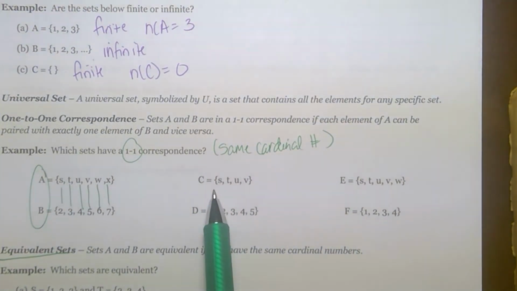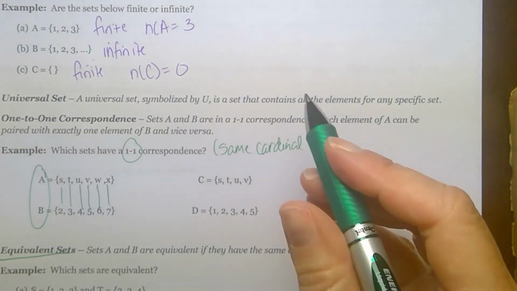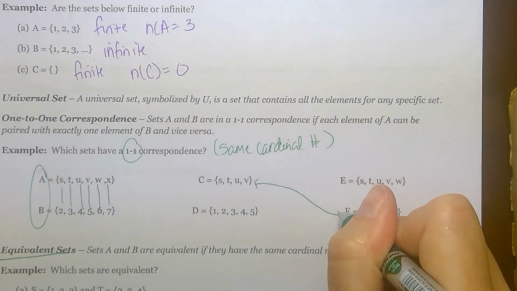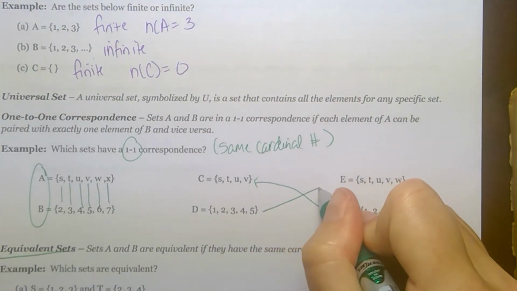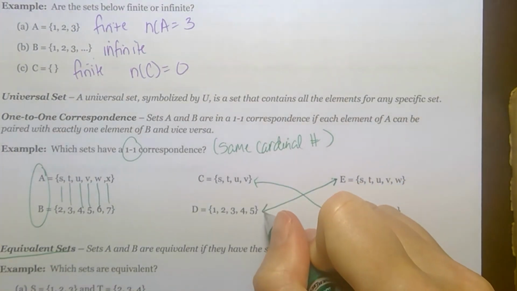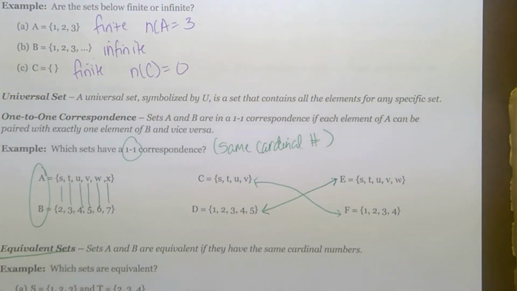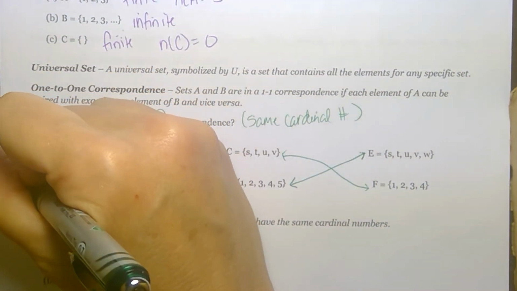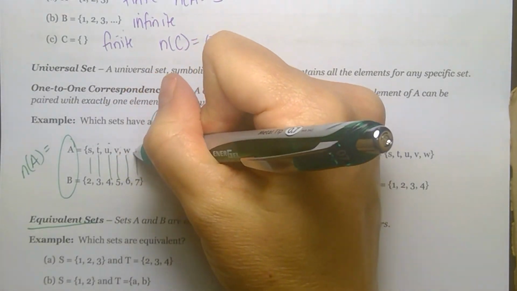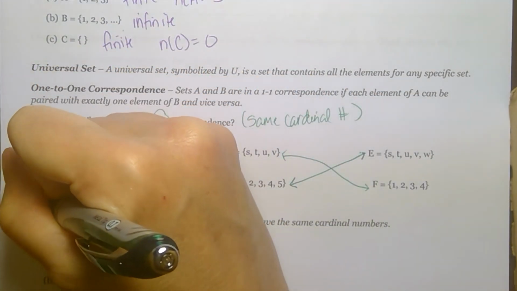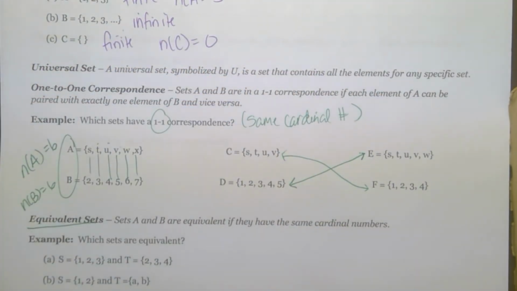What set is equivalent to, has a one-to-one correspondence with C? Well, set F. They have a one-to-one correspondence. And then set D and set E have a one-to-one correspondence. So they are equivalent sets. The cardinal number for A is 1, 2, 3, 4, 5, 6. The cardinal number for B is also 6.